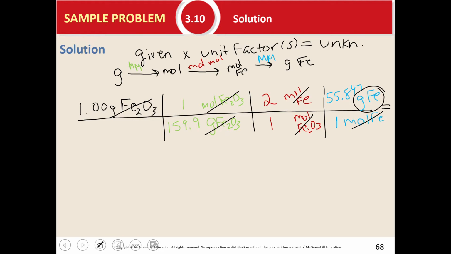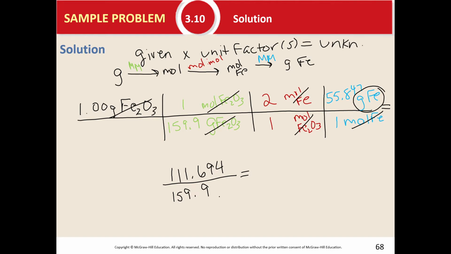So 1.00 times 2 times 55.847. And that's going to be 111.694 divided by the whole bottom multiplied together, which is 159.9 times 1 times 1, which is just 159.9.